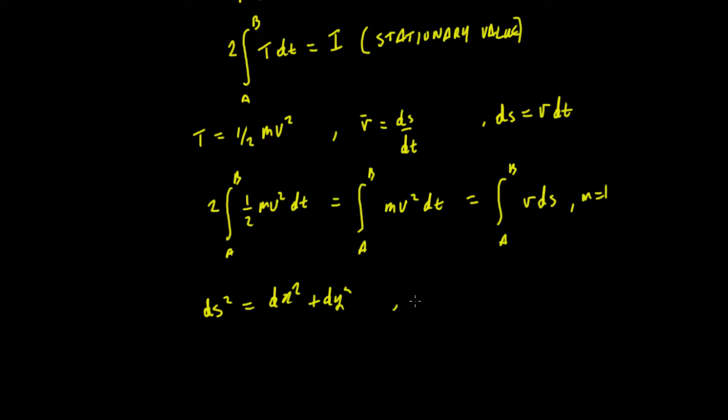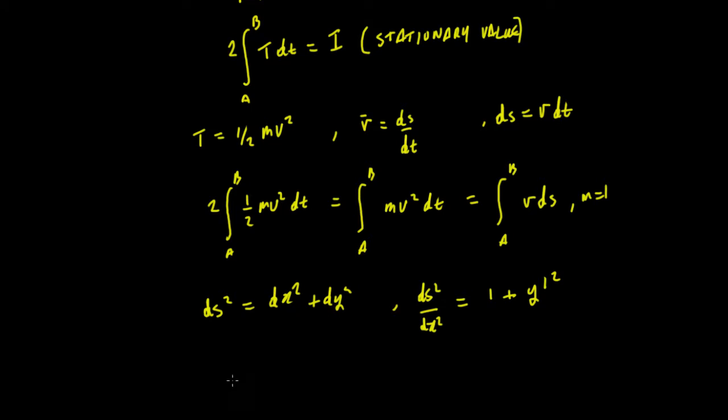So what we can do is divide throughout by dx squared, so you end up with ds squared upon dx squared. It's going to equal, well, that will be 1 plus, and we'll just use the y derivative term, y derivative squared. Okay, so that's that part there.